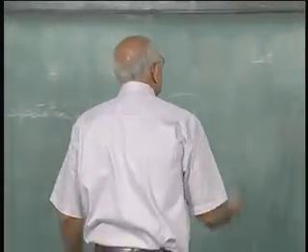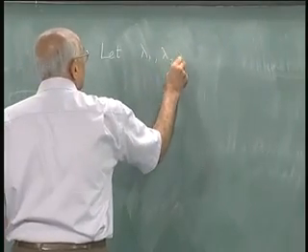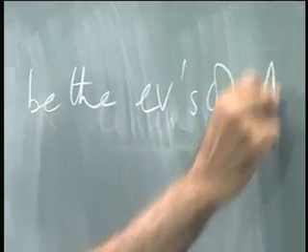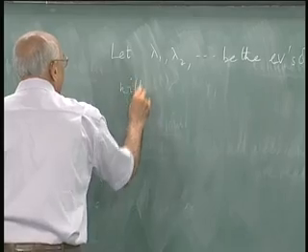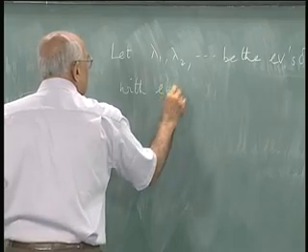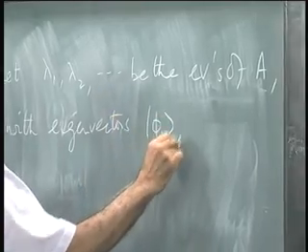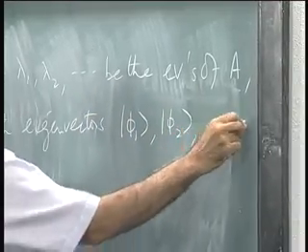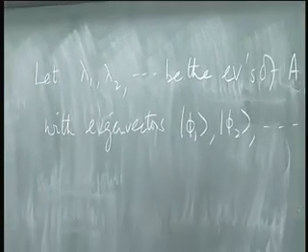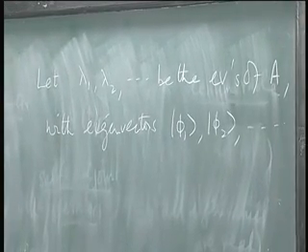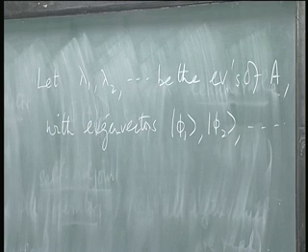So let lambda 1, lambda 2 be the eigenvalues of A with eigenvectors phi 1, phi 2 and so on. Okay. And for ease of notation let me assume these are all non-degenerate, they are all real numbers because A is a physical observable, so the operator is self-adjoint.